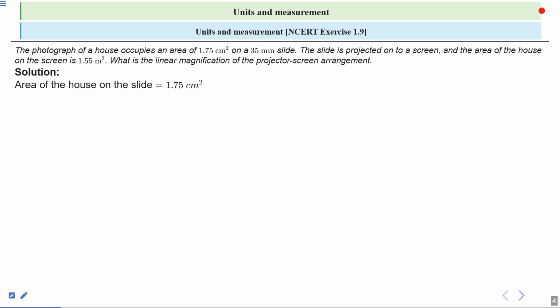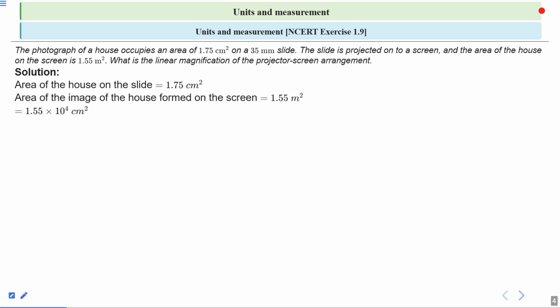So the area of the house on the slide is given. The given value is 1.75 centimeter square. And the area of the image formed on the screen or on the projector is 1.55 meter square.